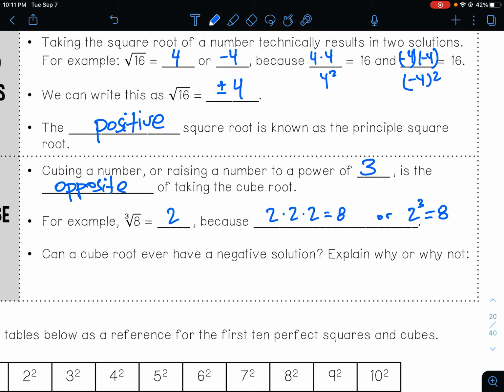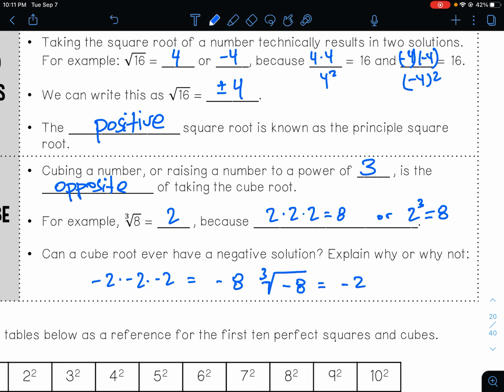Well, let's see. If you had negative 2 times negative 2 times negative 2, that would equal negative 8. So can you have something like this? Yes, you can, because the cube root of negative 8 is negative 2.